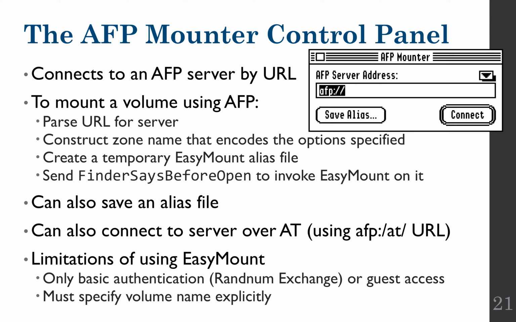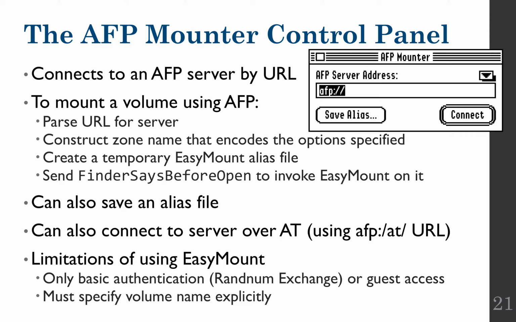So specifically, we add this new control panel called AFPMounted, which allows you to specify an AFP server using a URL. So you need to specify, again, a domain name or IP address and the volume name to connect to. You can also specify a username and password. And based on that, it mounts the volume using AFP.